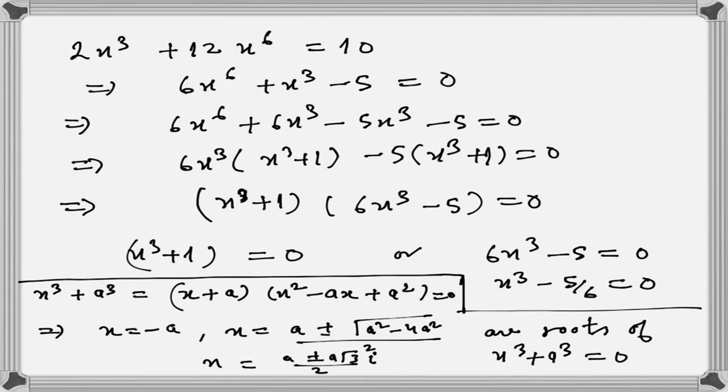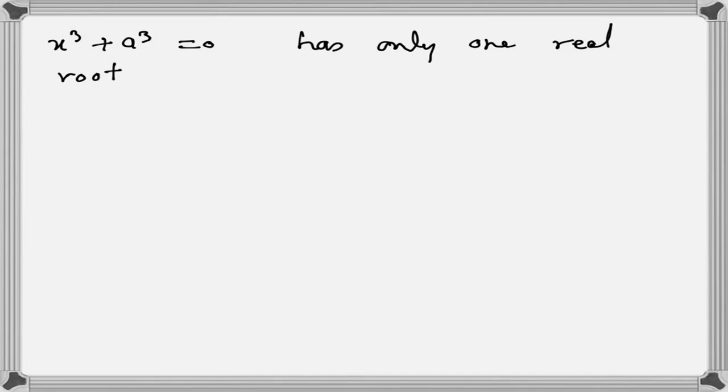Here, if you see, we have only one real root, which is x equals minus a. So x cube plus a cube equals 0 has only one real root, which is x equals minus a.